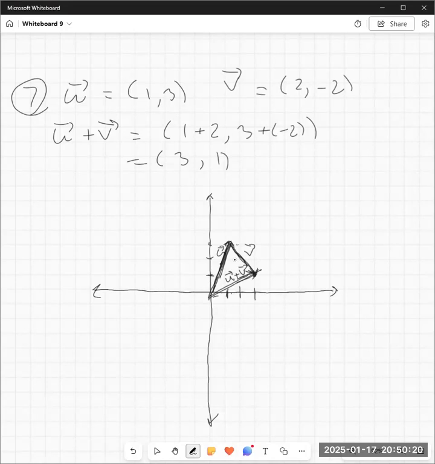Then this diagonal right here is going to be your resultant. So anyways, that is number 7. We're going to move on now to number 13.